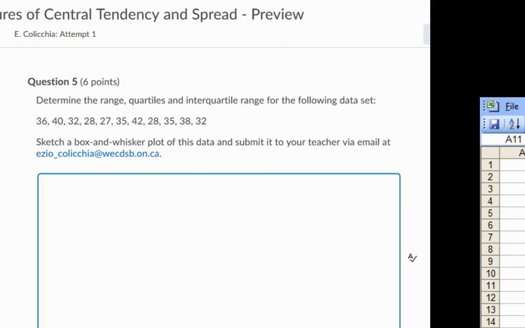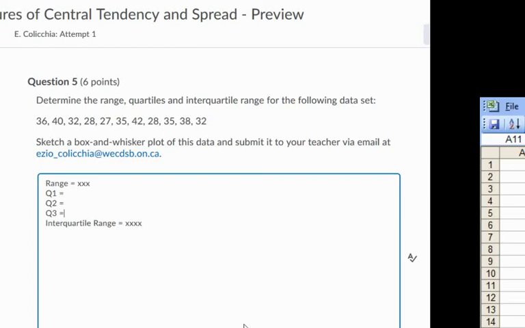You can write those down in the box. So once you find it, you can write range equals, and then just type in whatever number it is. Interquartile range equals, and you'll type that in. Before you find the interquartile range, you'll have to find Q1, Q2, and Q3. So you can just type your answers in.